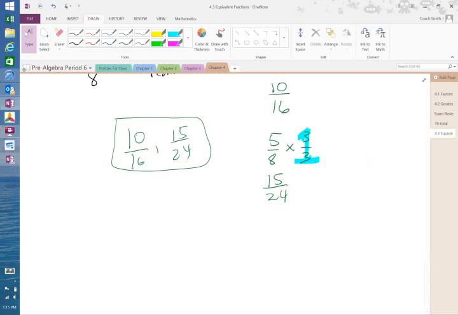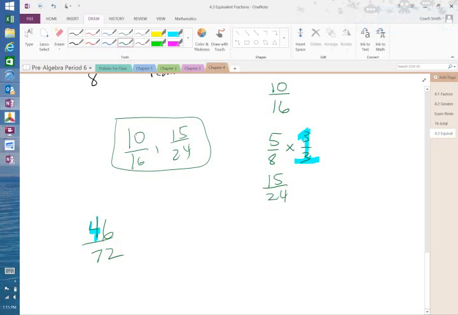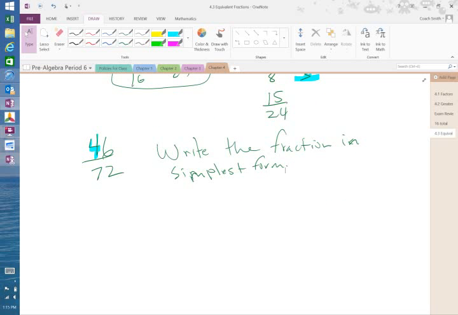Okay. Now, if they tell you, like these next fractions, 46 over 72, and they tell you write the fraction in simplest form, that means reduce.